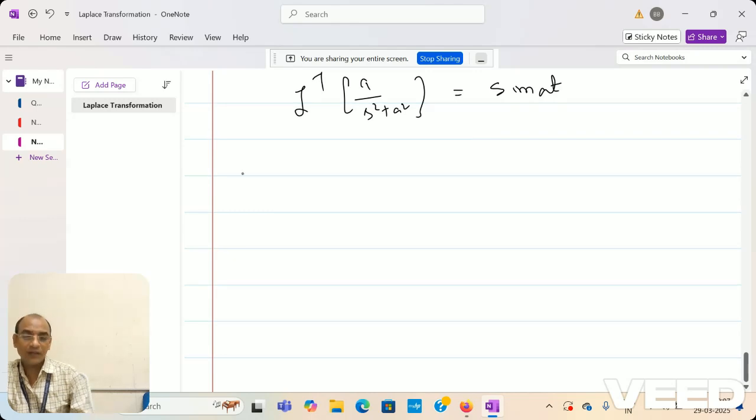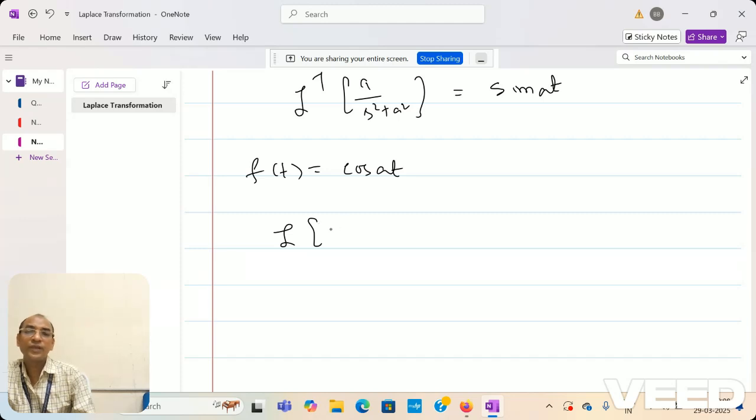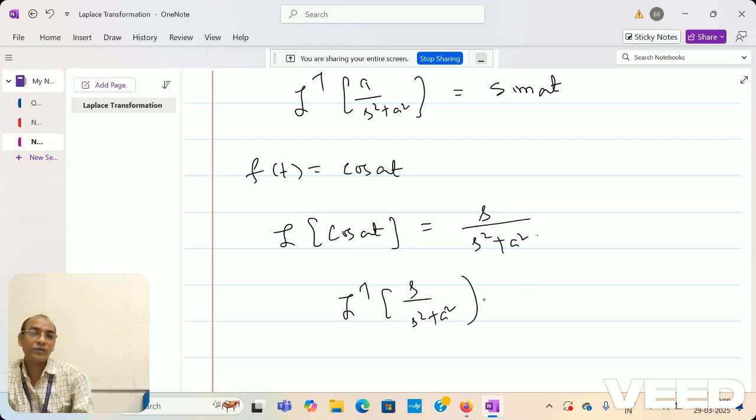Similarly, if I take f of t as cos at, then the Laplace transformation of cos at will be nothing but s by s square plus a square, and the inverse of this will be cos at.